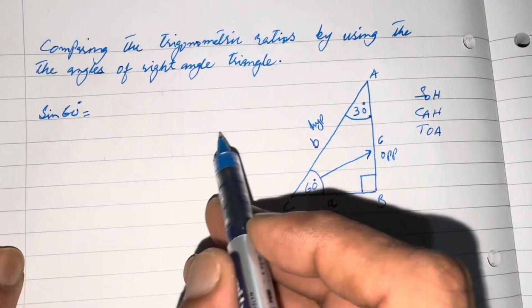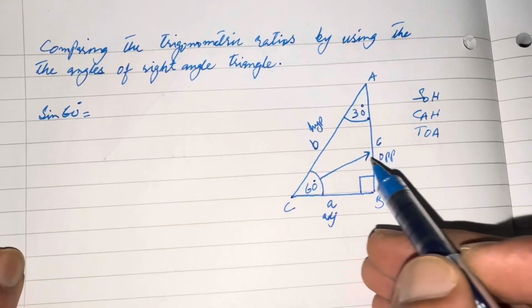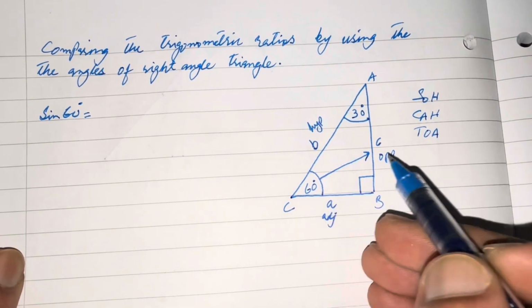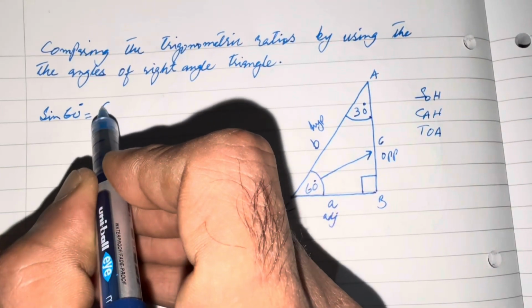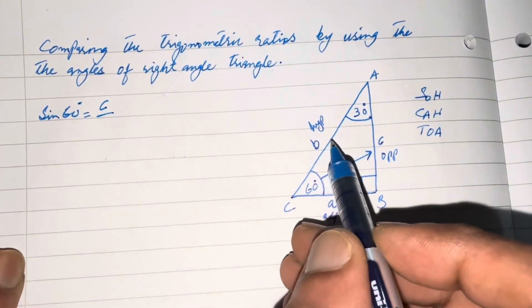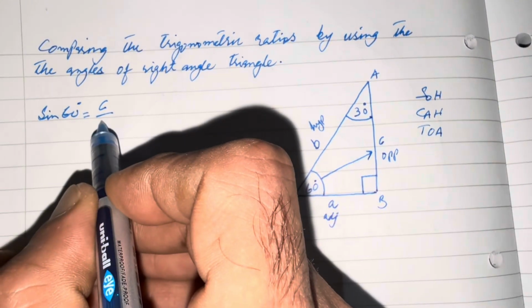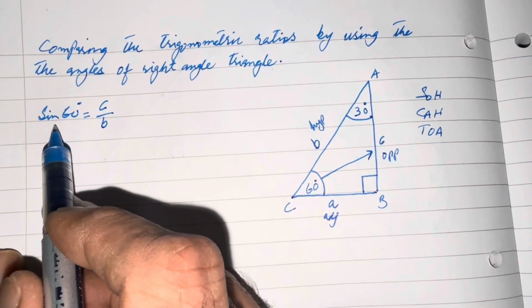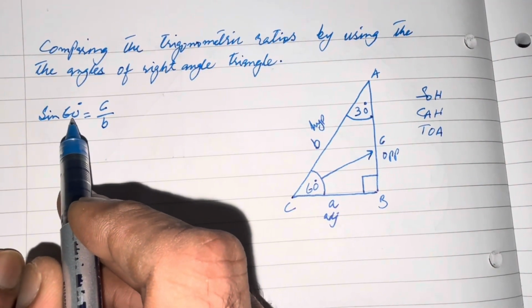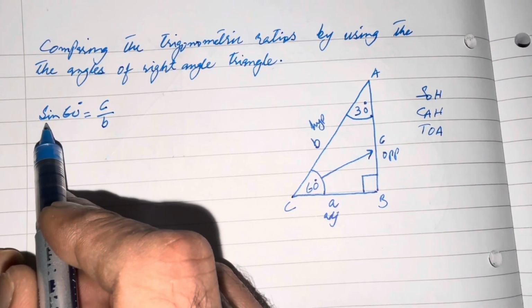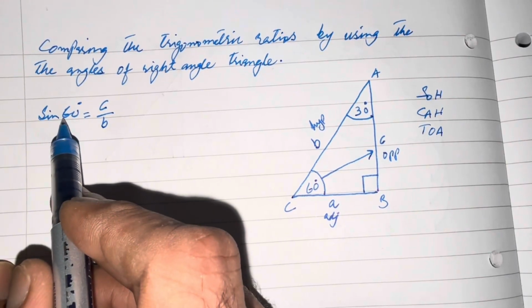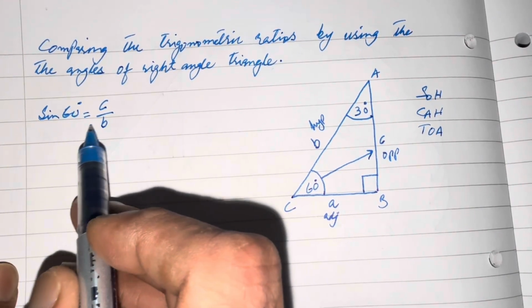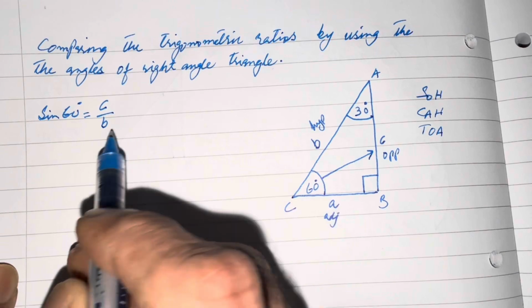So sine 60 will be equal to opposite over hypotenuse. The opposite side is c and the hypotenuse is b. So c over b is the ratio of sine with respect to angle 60. So sine 60 will be equal to c over b.